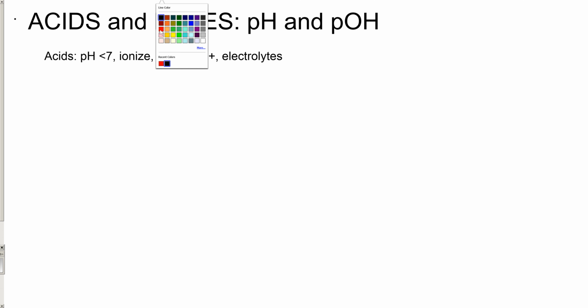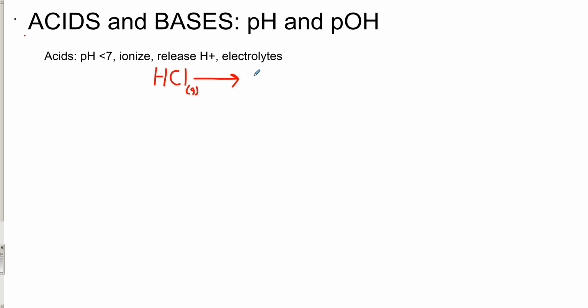So let's do an acid here. Let's just do the most, I almost said the most basic. I meant the most regular acid we could think of, which is HCl, hydrochloric. That's also the strongest acid. So when HCl is added to water, HCl itself is actually a gas.